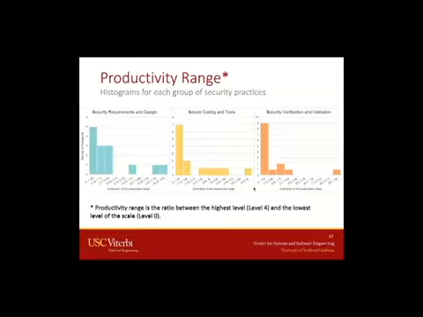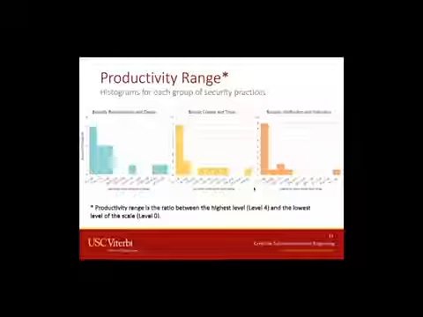These 3 histograms present the distribution of the responses for each of the 3 groups of security practices. The productivity range is the ratio between the highest level and the lowest level of the scale.